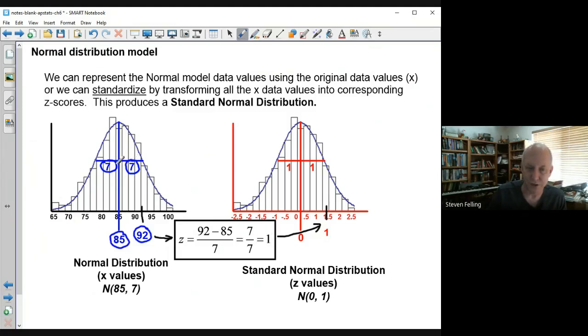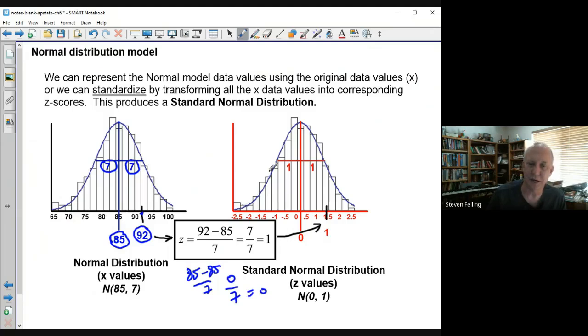So this data value, which is right at the end of this line right here, is also 1 standard deviation above the mean. And if I did that calculation with the score right at the mean, this would be 85 minus 85 over 7, which would be 0 over 7, which is 0. So that means that a data value that's right on the mean has a z-score of 0, and a data value that's 1 standard deviation above the mean has a z-score of 1.